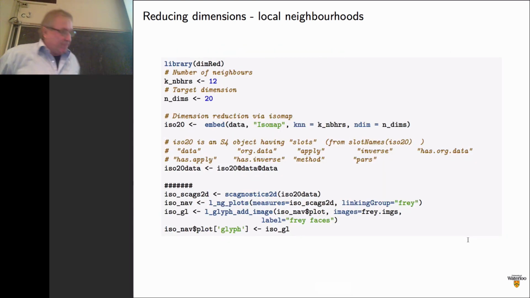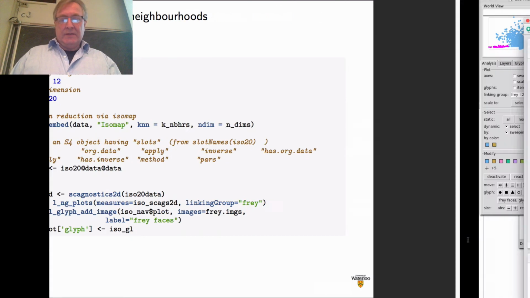So there is a package called dimred, which you can use to do ISOMAP and a bunch of other things. There's also another package called vegan that also contains ISOMAP. We'll just do this here.